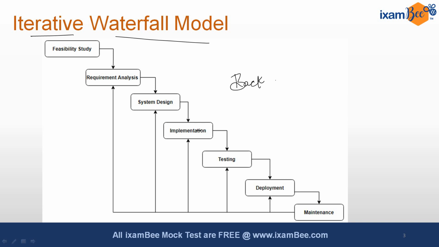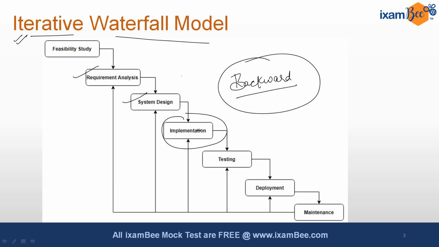If during the implementation stage we find that something has been left out, we can easily go back to the system design and requirement analysis phase. So here we can go backward and include whatever was not included in the previous step.